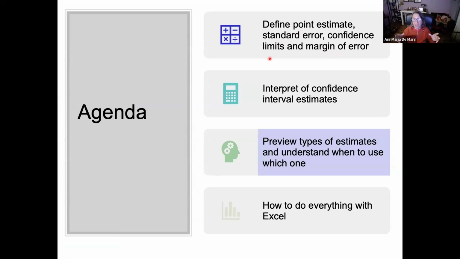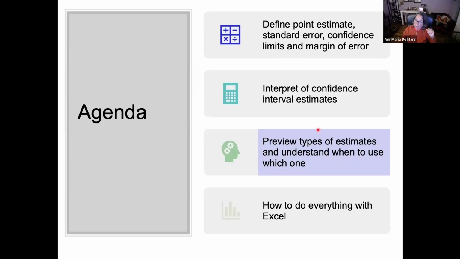And the confidence limits are the upper and lower values within which you have a certain amount of confidence, 95% of the time, 99% of the time, that the actual population value falls. If you get a mean of 190, like we saw in the last one, your confidence interval, based on the number of people in your sample and the standard deviation, might be somewhere from 187 to 203, something like that.